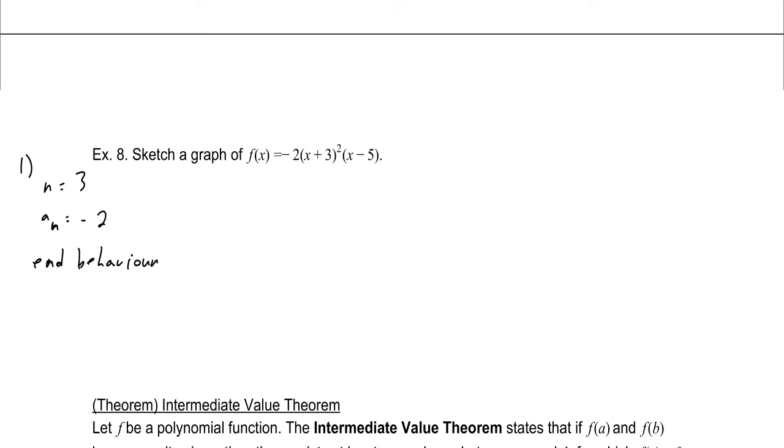This function is a cubic with a negative leading coefficient, so it's going to look like this. It's going to be decreasing from left to right. Now we don't know how many times it turns, things like that, okay?